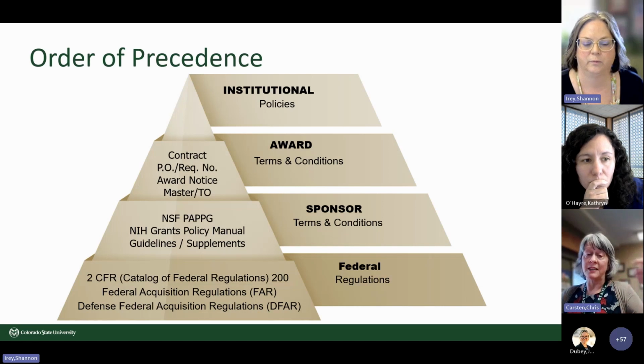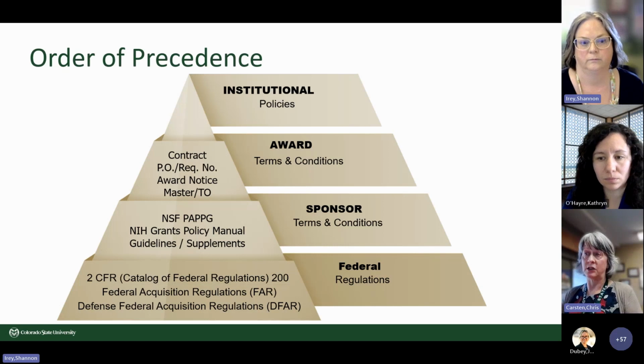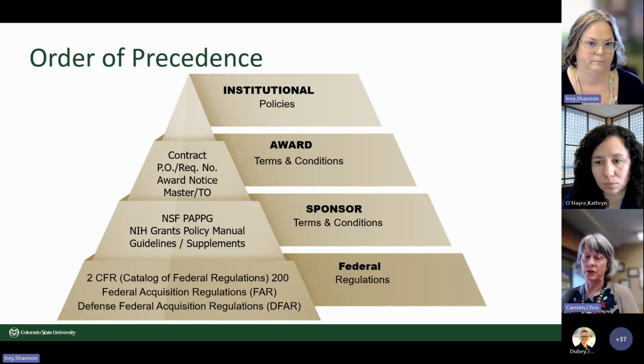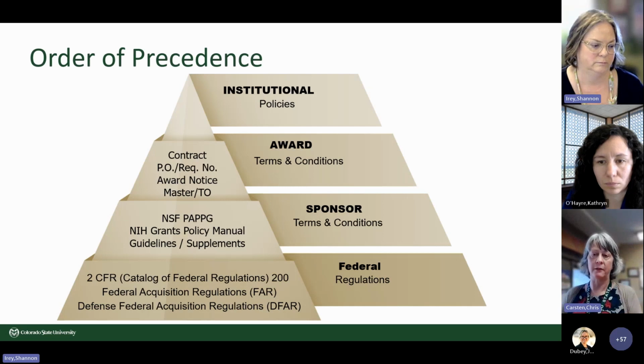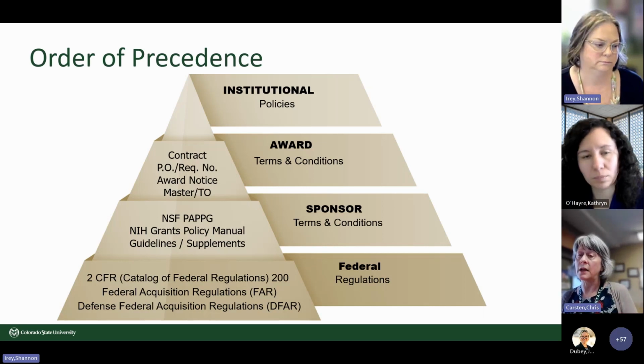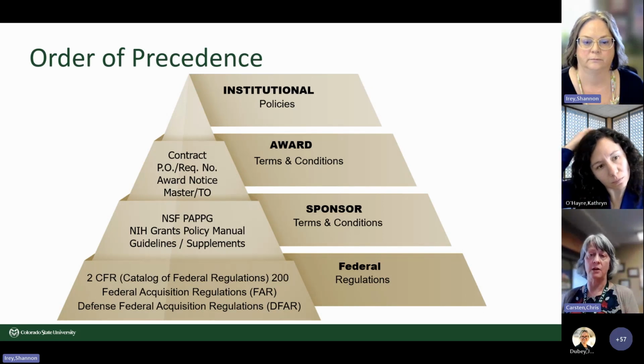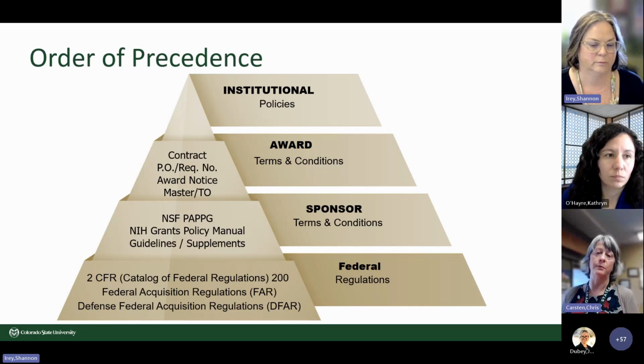The award document itself might have even more restrictive terms and conditions, carryover, or when we apply to specific programs, the difference between applying to an R35 as opposed to an R01, right, might affect what conditions we look at in the award. And then institutional policies, which are not called out on the award document, but CSU does have a significant set of guidance and regulations that apply to sponsored funding that have to be followed.